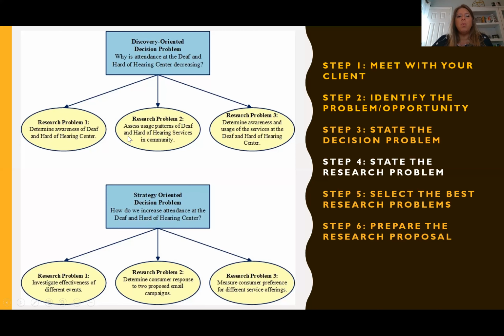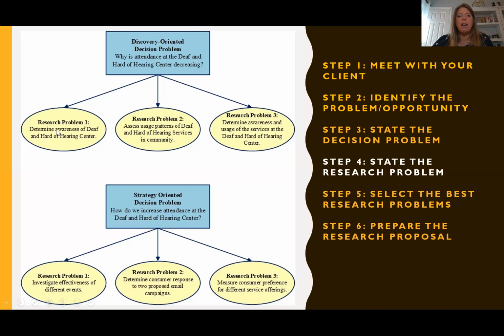Now, each one of these research problems is going to have a research design behind it, and oftentimes that means a research survey. So a questionnaire can be developed, and each one of these research problems would have several questions. If they're all going to be answered with a survey, then that would be one survey for all 3 of these research problems.